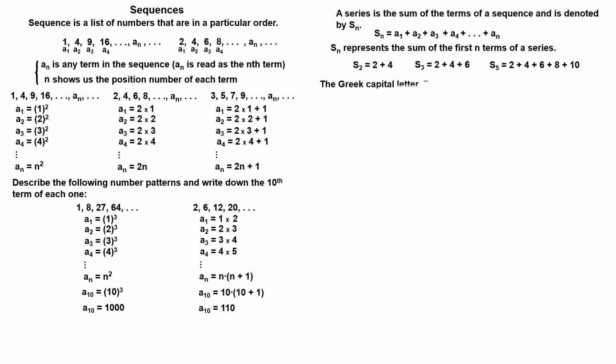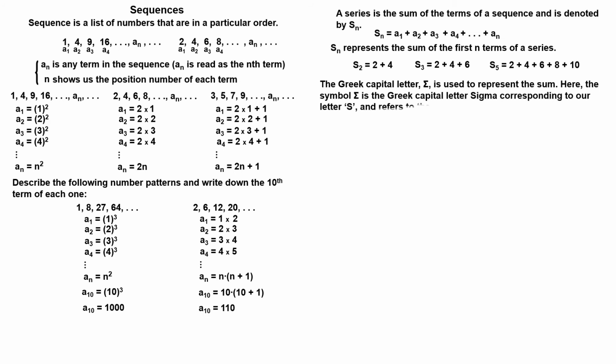The Greek capital letter sigma is used to represent the sum. Here the symbol sigma is the Greek capital letter sigma corresponding to our letter S and refers to the initial letter of the word sum. In short, the Greek capital letter sigma is used to indicate a sum.